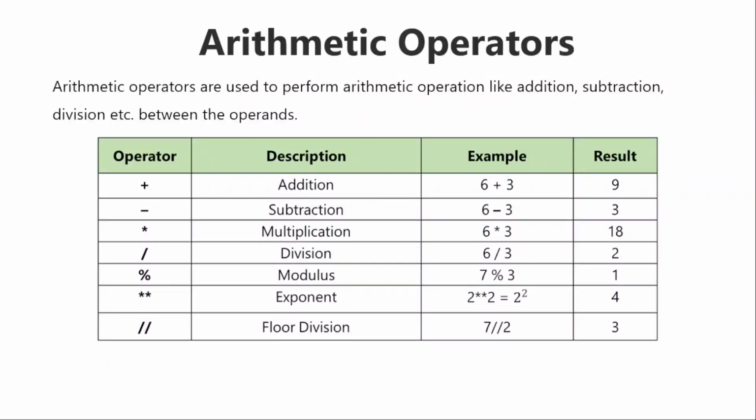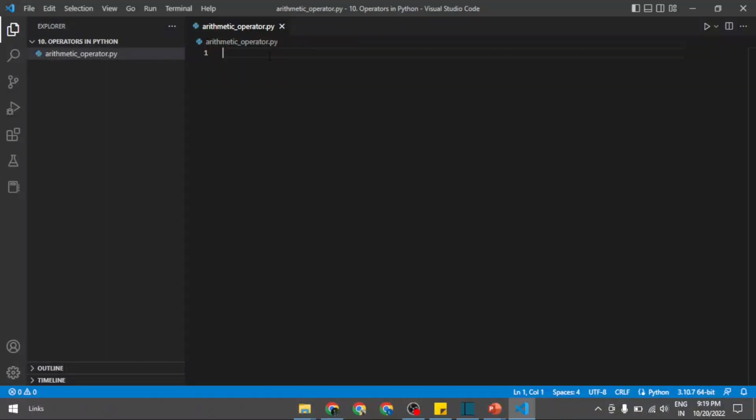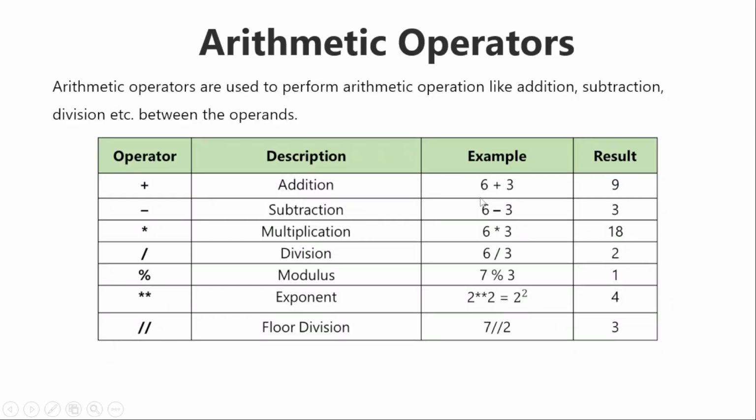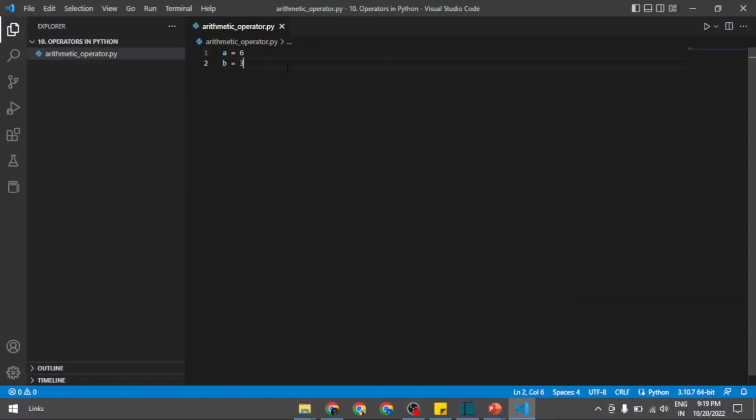Now let us take an example: a is equal to 6 and b is equal to 3. By taking this example, we can start our operations.